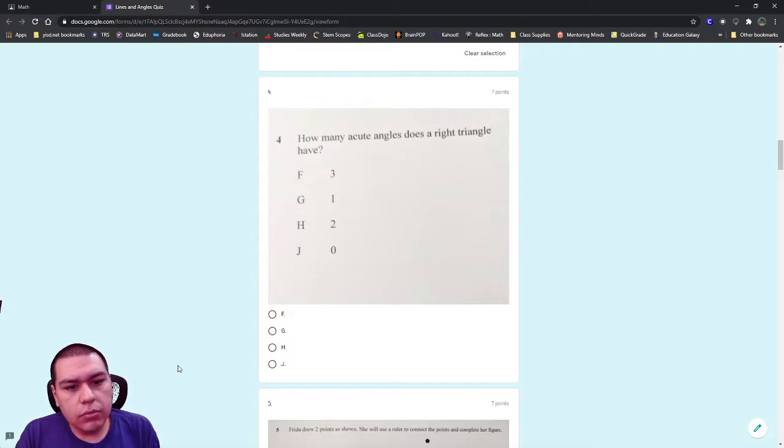Who can tell me what makes a right triangle different from just a regular triangle? Doesn't have to be a tent. But what makes a triangle a right triangle?